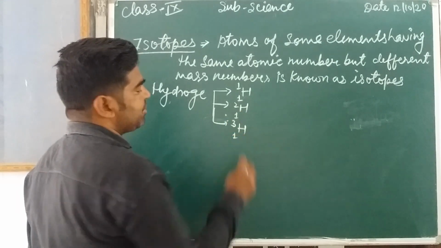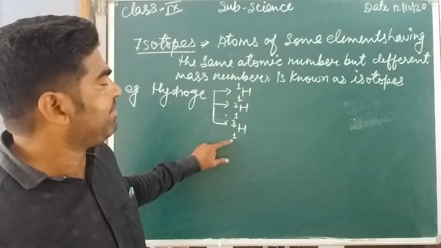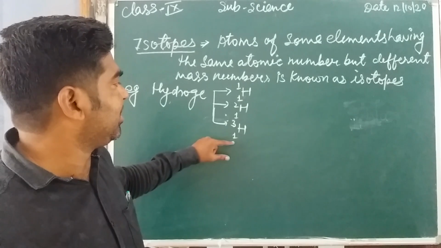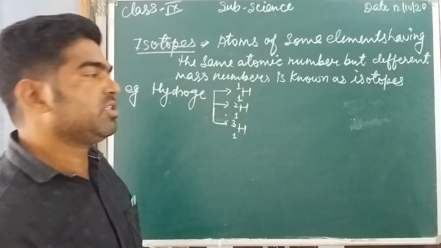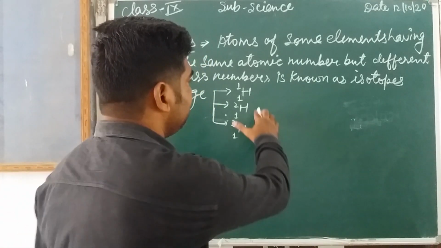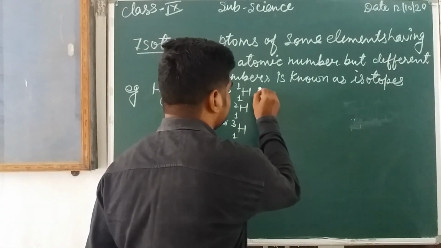All three isotopes of hydrogen have the same atomic number but different mass number. These are known as protium, deuterium, and tritium.